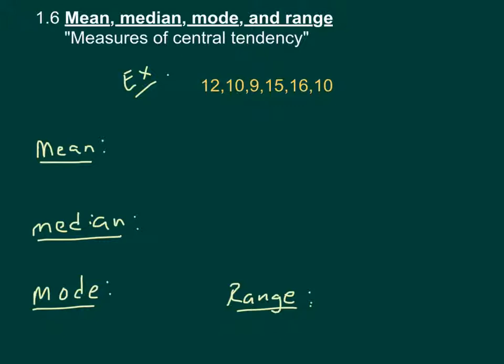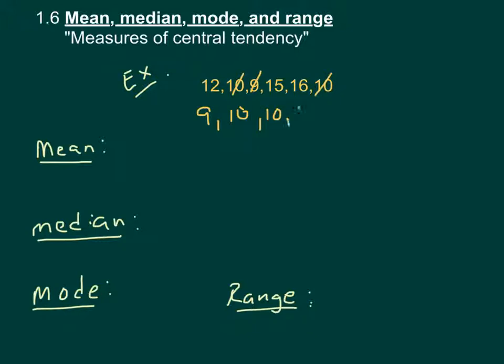So the first thing I'm going to do, especially if I know I'm talking about measures of central tendency, whenever I see a list of numbers like this, I'm probably just going to go ahead and rewrite them in order from least to greatest. And I usually cross off the numbers as I rewrite them. So I'm going to go 9, cross off the 9. I have another 10. Oops, not another 10, but I have 2 10s.